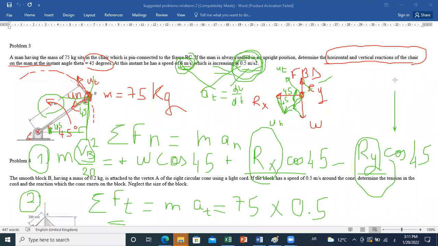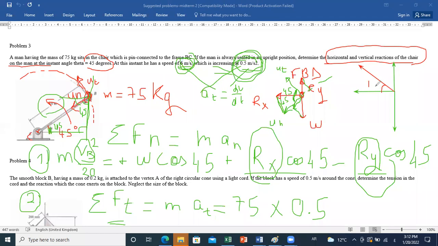So you have the weight. You have Rx. You have Ry. 3 forces, okay? Now, how is UT? UT, for example, is doing an angle of 45 degrees with Rx. So you know the angle.